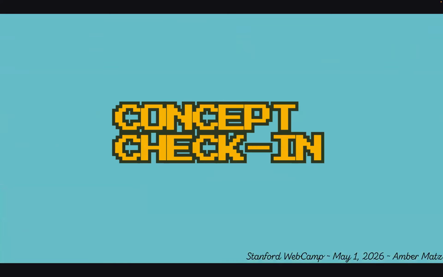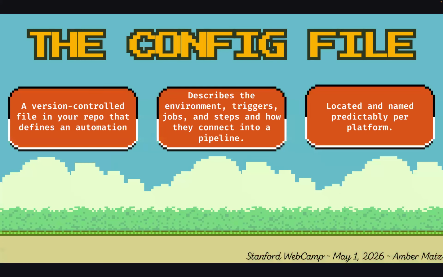So let me just pause here and check in about some of the concepts that I learned so far in this process. I learned that there is this config file. Whether it's a workflows file in GitHub or whatever it might be, depending on the platform or the tool, there's a config file, and this is in version control. It's a version controlled file in your repo that defines an automation.